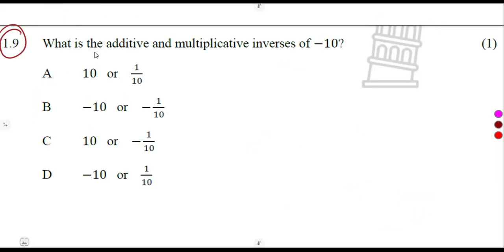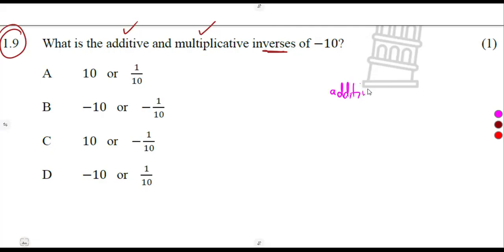1.9, what is the additive and multiplicative inverses of minus 10? There are two inverses being asked there. The additive, the multiplicative. So the question is, when we talk of the additive inverse, what is it that we are considering? The additive inverse, let's start with that one.